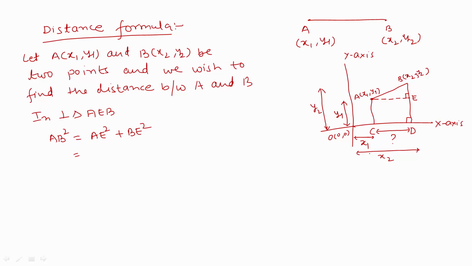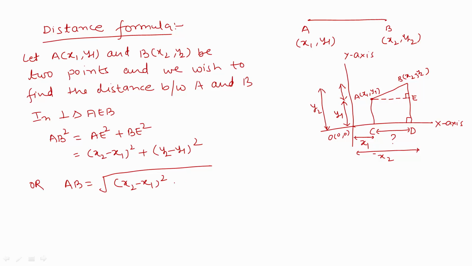The value of CD is equal to x2 minus x1 whole square plus, and the value of BE, this is your BE, and this is equal to this value. So this length will be equal to y2 minus y1 whole square, or AB is equal to under root x2 minus x1 whole square plus y2 minus y1 whole square unit.